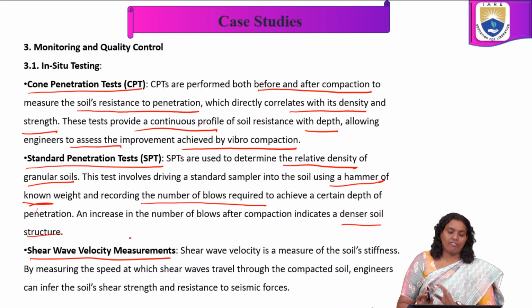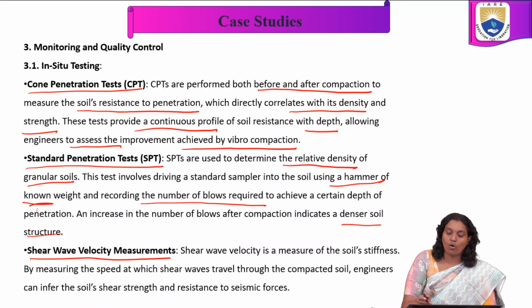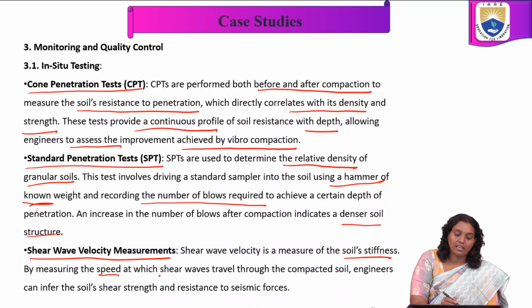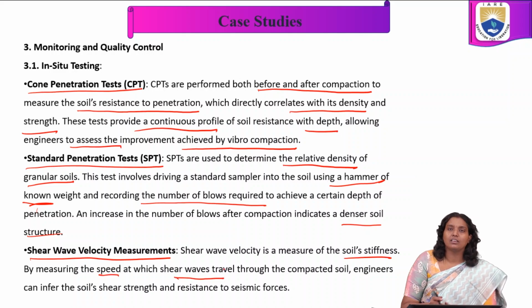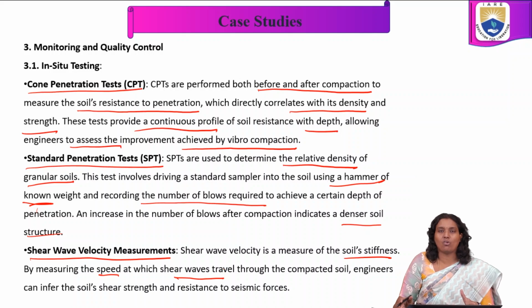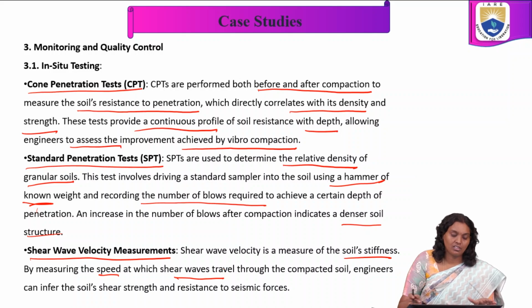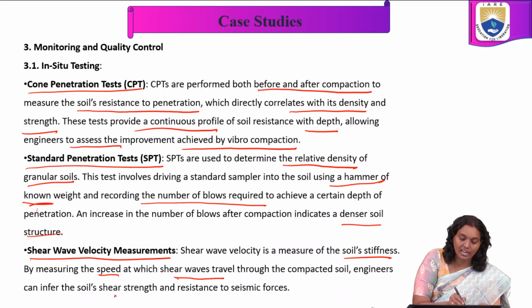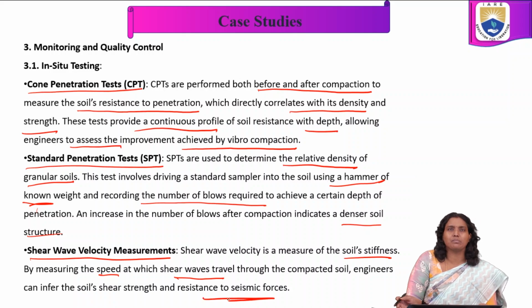In shear wave velocity measurement, shear wave velocity is a measure of the soil stiffness. By measuring the speed at which shear waves travel through the compacted soils, engineers can infer the soil shear strength and resistance to seismic forces.